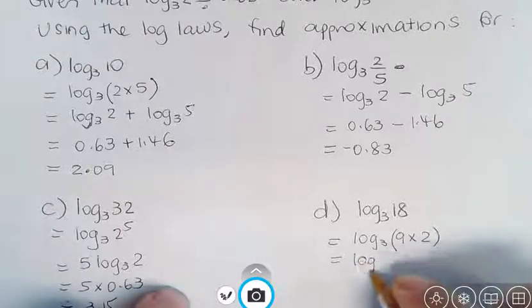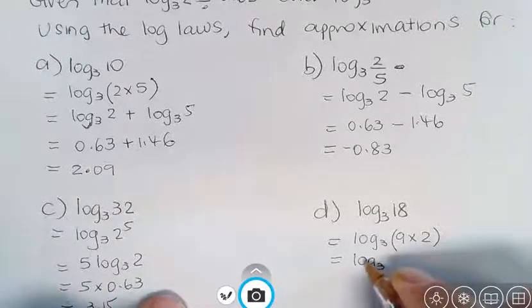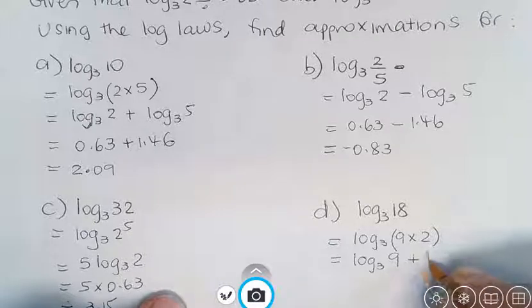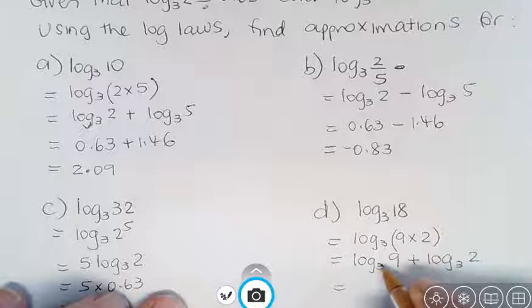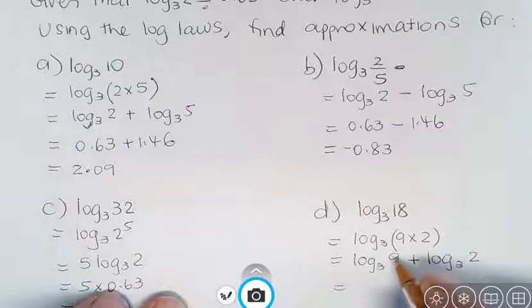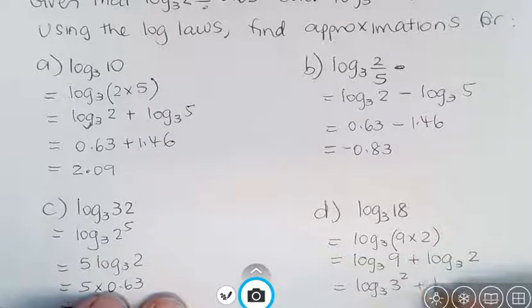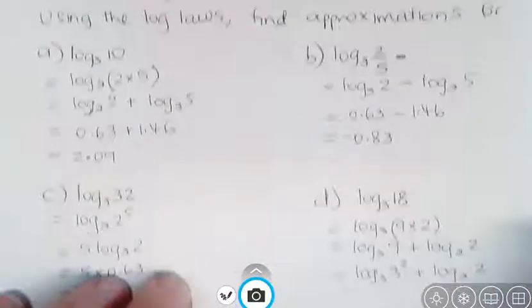So let's just apply this rule for multiplication here. So that would be log to the base 3 of 9 plus log to the base 3 of 2. Now we know that log to the base 3 of 3 is 1, so we can change this log to the base 3 of 9 as log to the base 3 of 3 squared plus our log to the base 3 of 2.